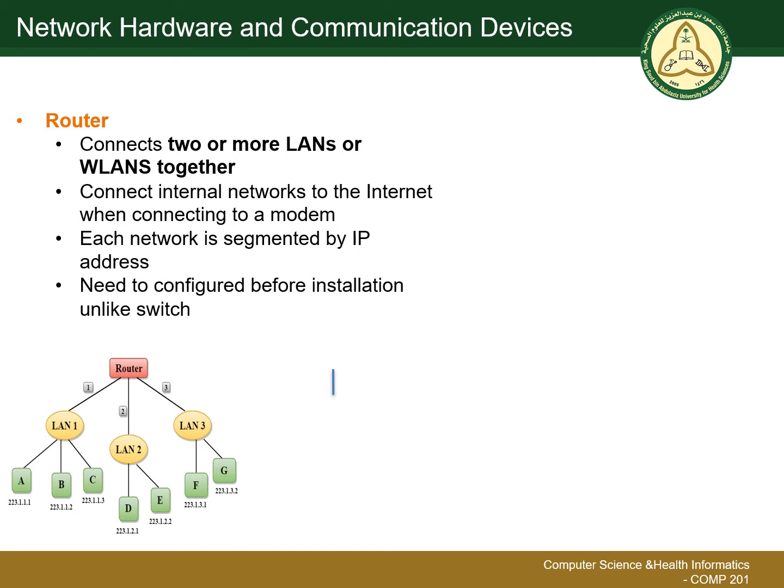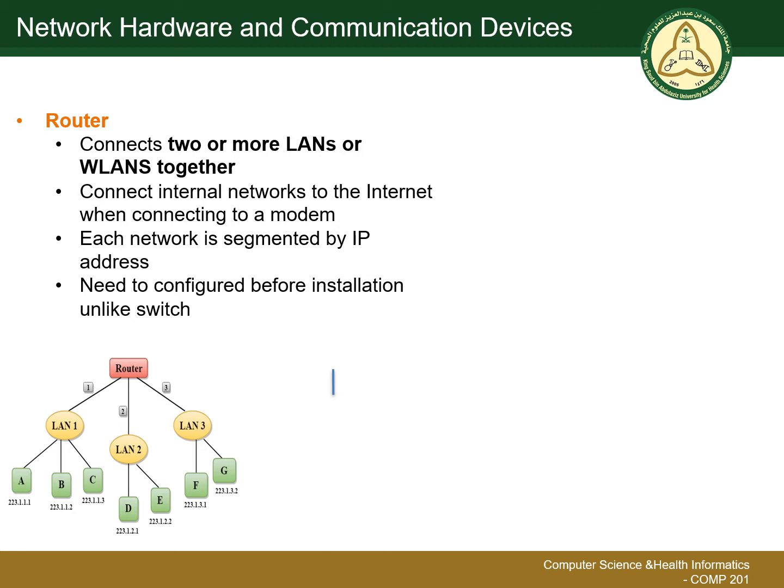It needs to be configured before installation, unlike a switch. A switch doesn't need to be configured. However, the router needs configuration. Configuration means you identify your device so others can know who you are.